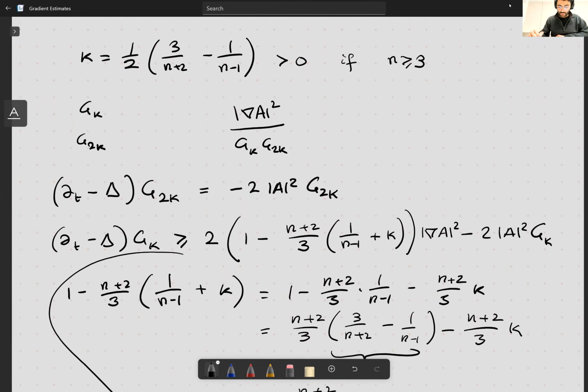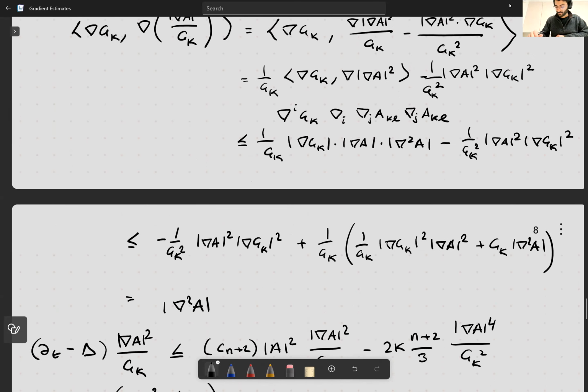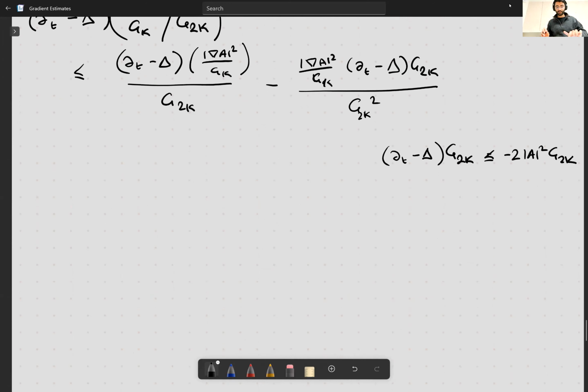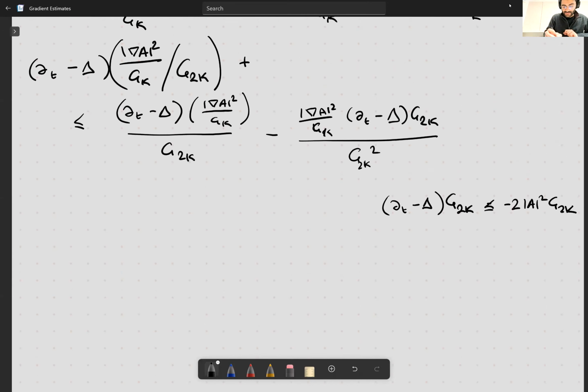Minus 2a squared times the G2K. I think it should be less than or equal to minus 2a squared G2K. Plus, yeah, I'll put the gradient terms up here because they're not important anymore.